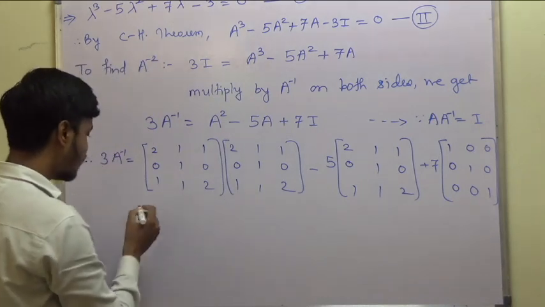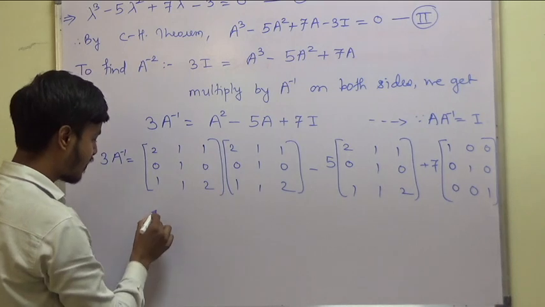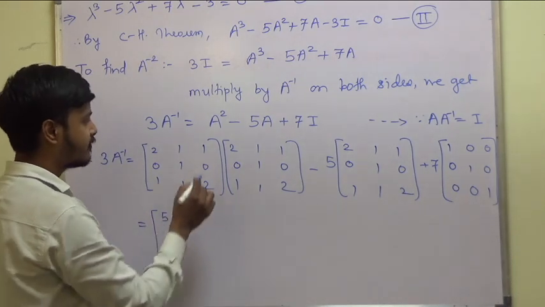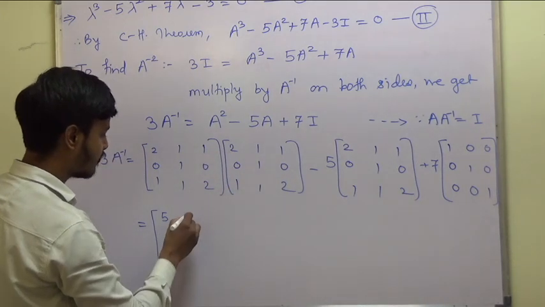Okay, now solve this. When you solve this, what will we get? 2 2s are 4, 0, 1, 5. So this is 5. Then this row, this column, 2, 1, 1, 4.